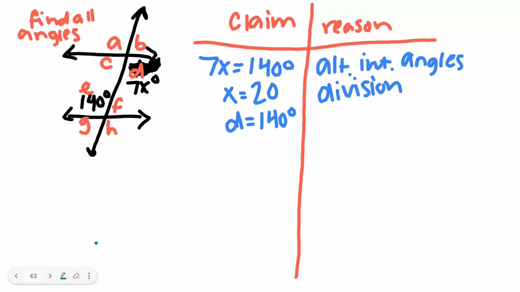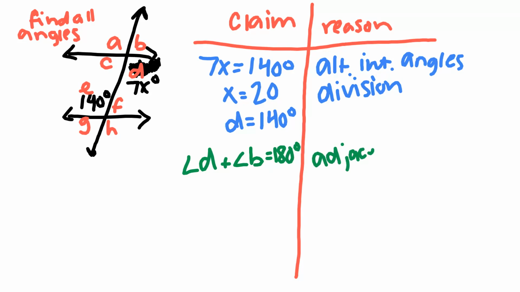Now I want to find another angle, say angle B. I know that angle D and angle B are adjacent angles, which means they add to 180. So I can write that expression because they are adjacent angles.